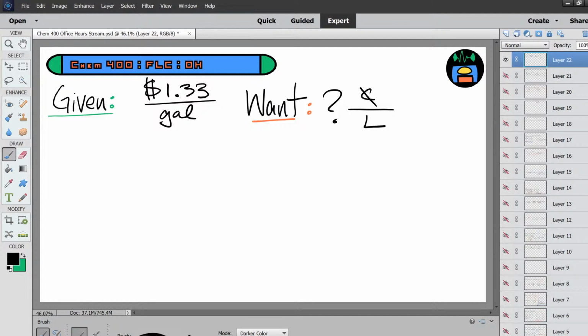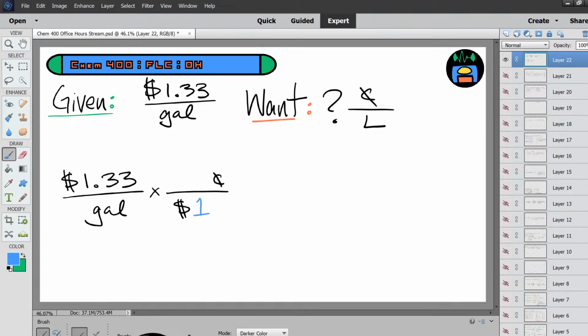All right. So we have to do 2 unit conversions here. The first is we need to convert from dollars to cents. For every $1, there's 100 cents.